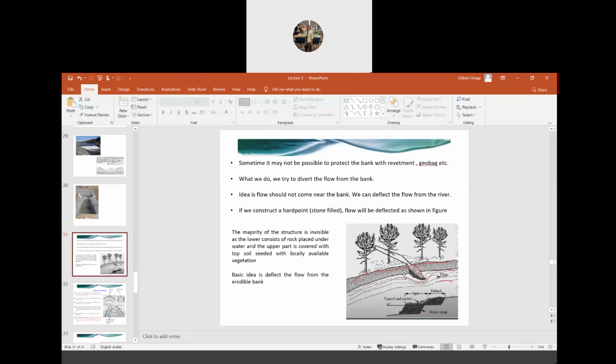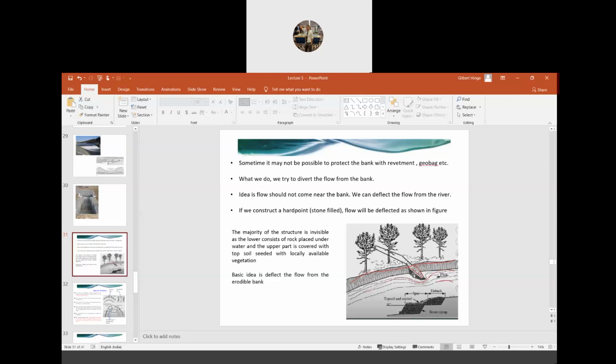We should deflect the water from that bank which is prone to erosion. If you zoom in on the structure, it will look like this. Okay, so the majority of the structure is invisible. Here it is written, majority of the structure is invisible as the lower part of the structure consists of rocks.